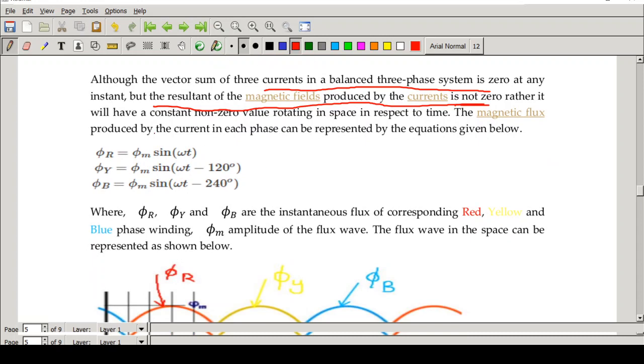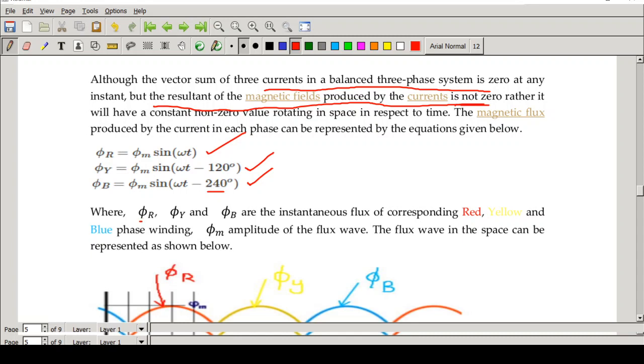Let phi R be the flux in the red phase. It is represented as phi m sine omega t. Now what about phi Y? Phi m sine of omega t minus 120, because as I told you, the Y phase is lagging from the red phase by 120. Now what about the blue phase? It is lagging by an angle 240.